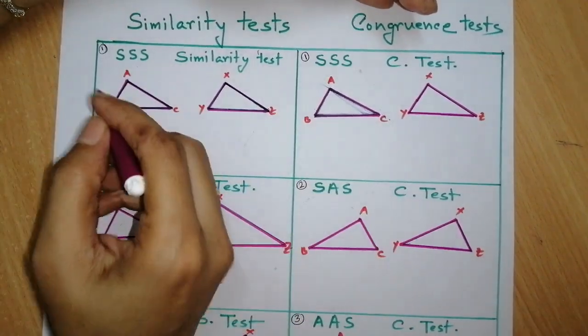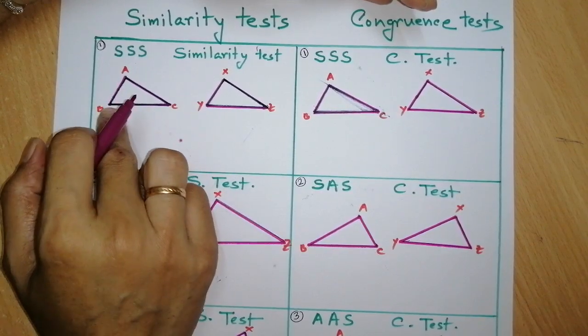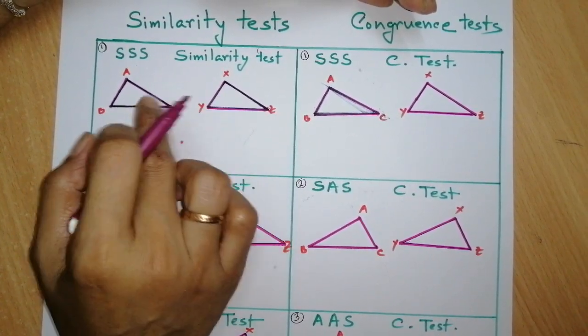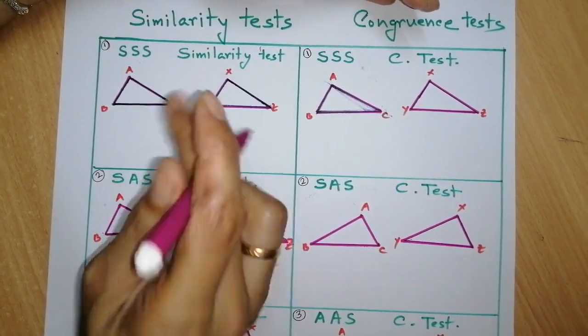SSS similarity test. The ratios of the corresponding sides should be equal here.